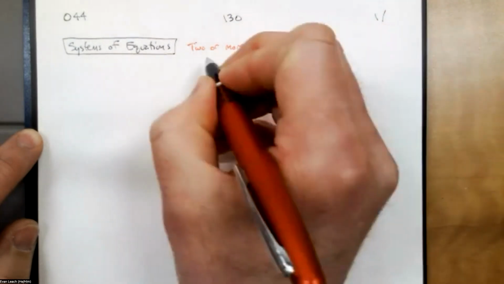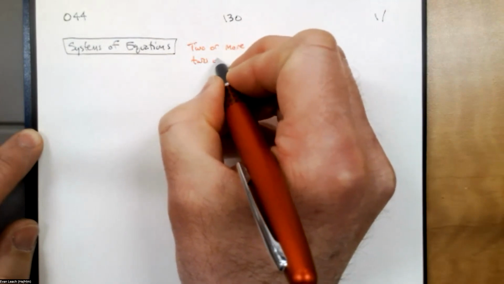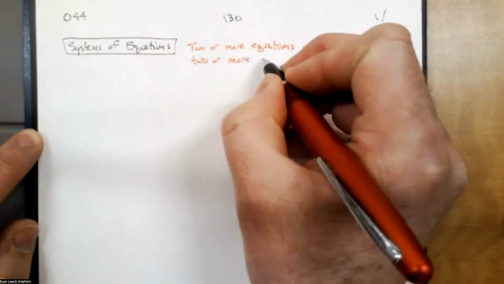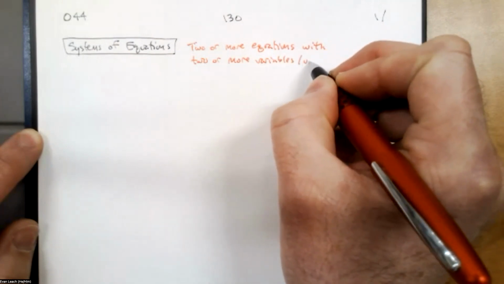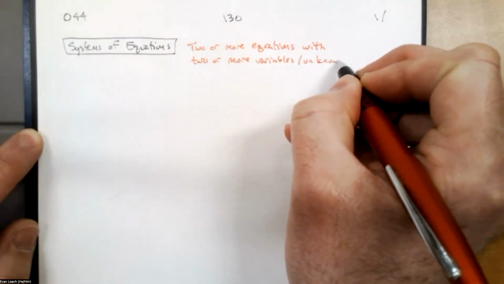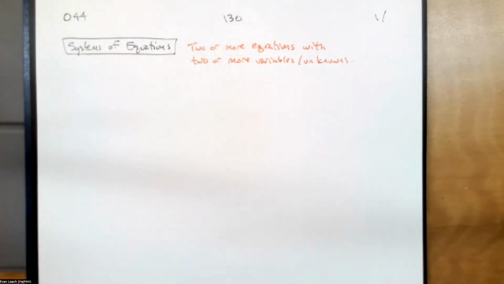I'm going to be using those words interchangeably. I can't pick one. I don't know why. But we have two or more equations with two or more variables or unknowns.